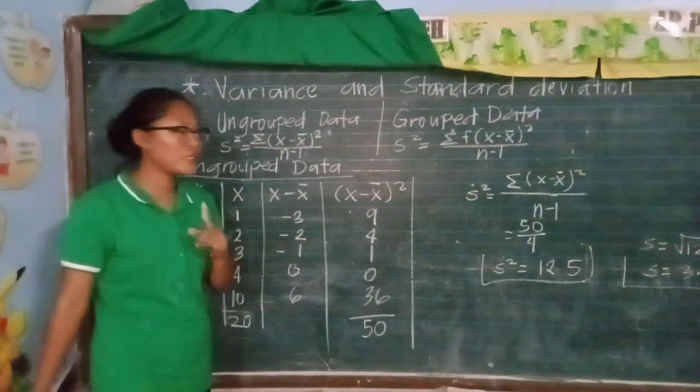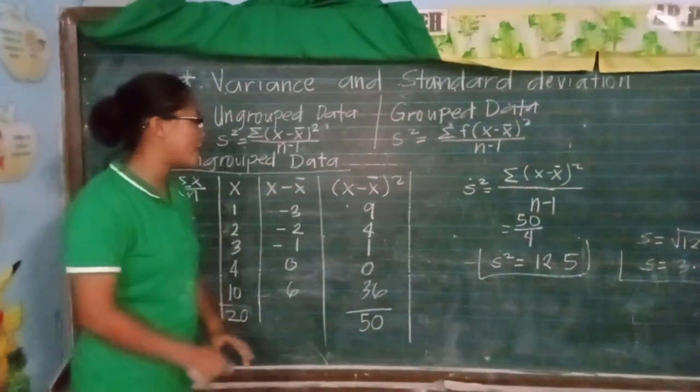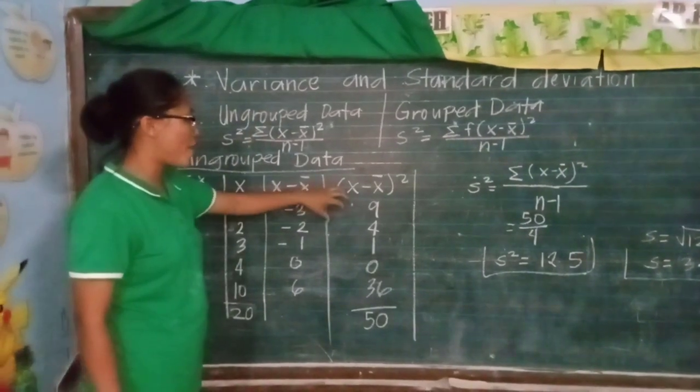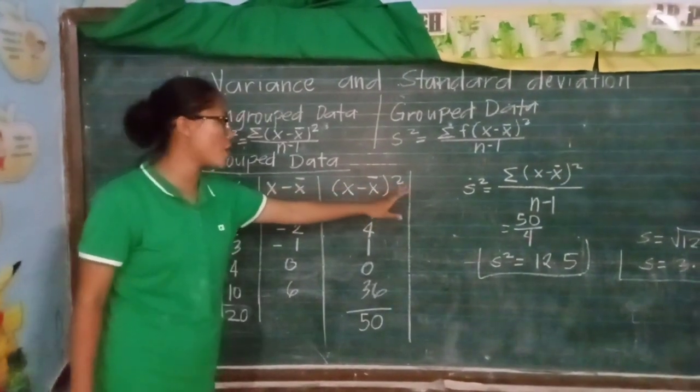And now, proceed to the third column, and that is the quantity of x minus mean raised to the power of 2.